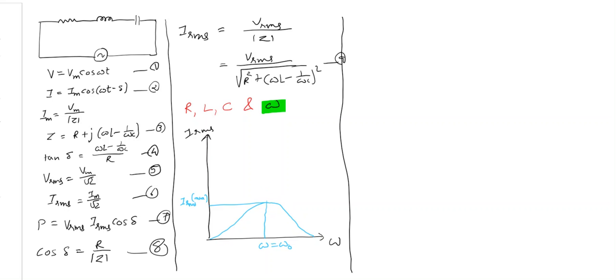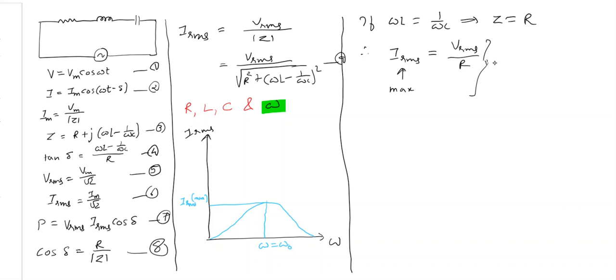Now, when the current becomes maximum, from equation 9, we realize that if omega L becomes equal to 1 by omega C, then Z of the circuit will be simply R, and then IRMS will be VRMS by R only. This is maximum value of IRMS, and hence this equation is written as IRMS max is equal to Vm by R. Let it be equation 10.